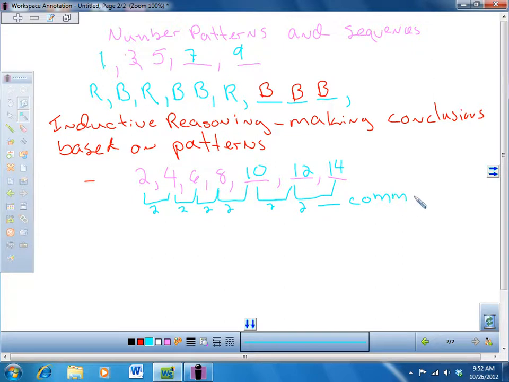The number that it's changing by each time is called a common difference. And that could be a negative number or it could be a positive number, but it's the same.